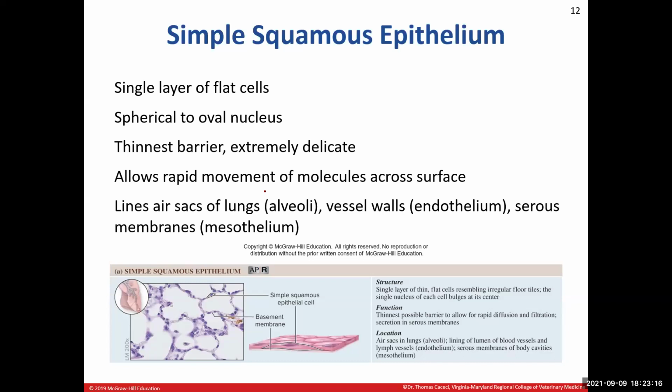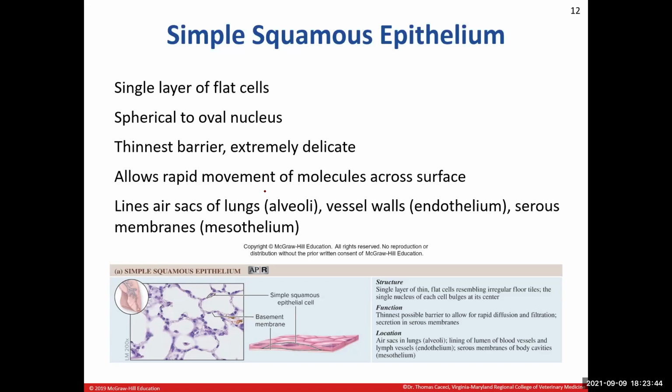We want the thinnest possible barrier because we can get a much quicker exchange of gases. It's much more efficient. And therefore, every breath you're taking is well worth it because you're oxygenating and getting rid of a lot of carbon dioxide with every breath. That rapid movement is going to be priceless, so we put in our thinnest barrier there.